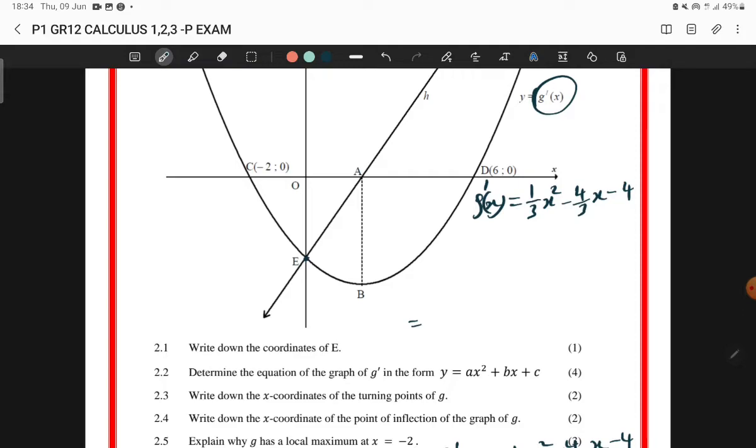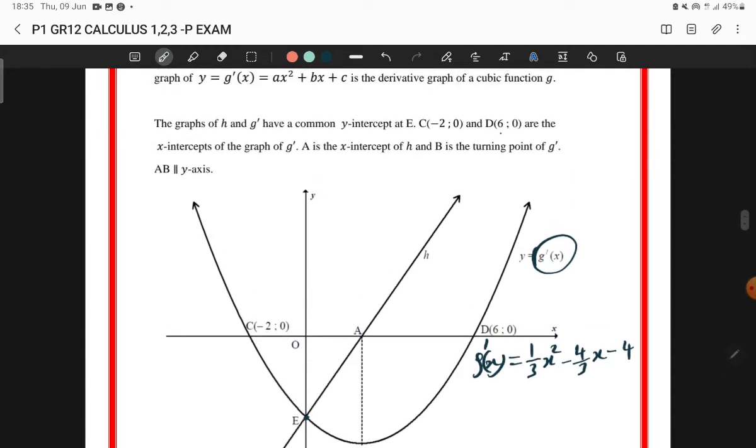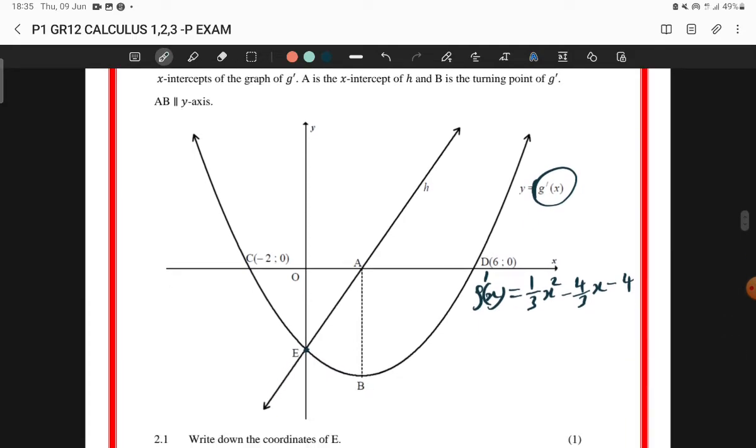We are required to write down the x coordinate of the turning point of g. The turning points of graph g of the cubic function, how do we read them? The x coordinates of the turning points are the x coordinates of the x-intercepts of the derivative. These x-intercepts are also the x coordinates of the turning points of the original function. So the first x coordinate of the turning point is negative 2.